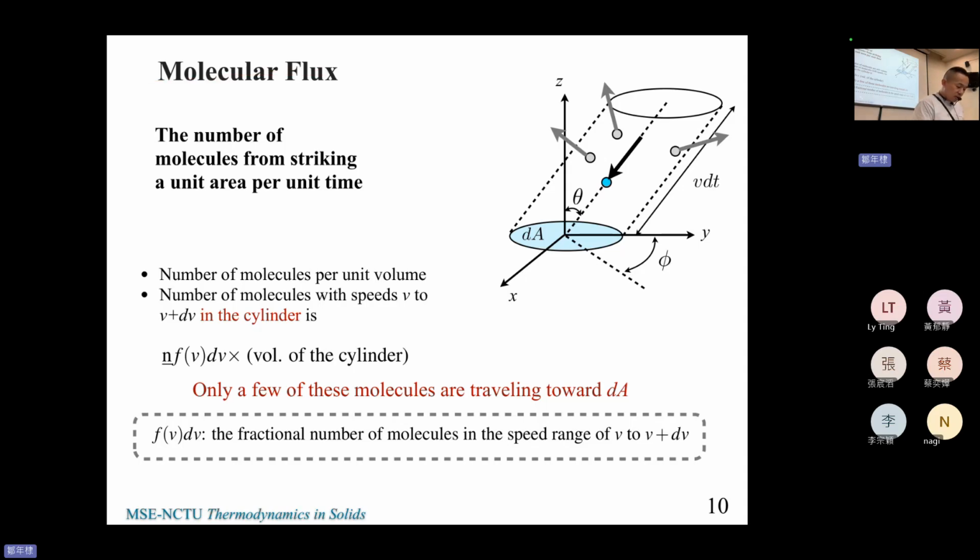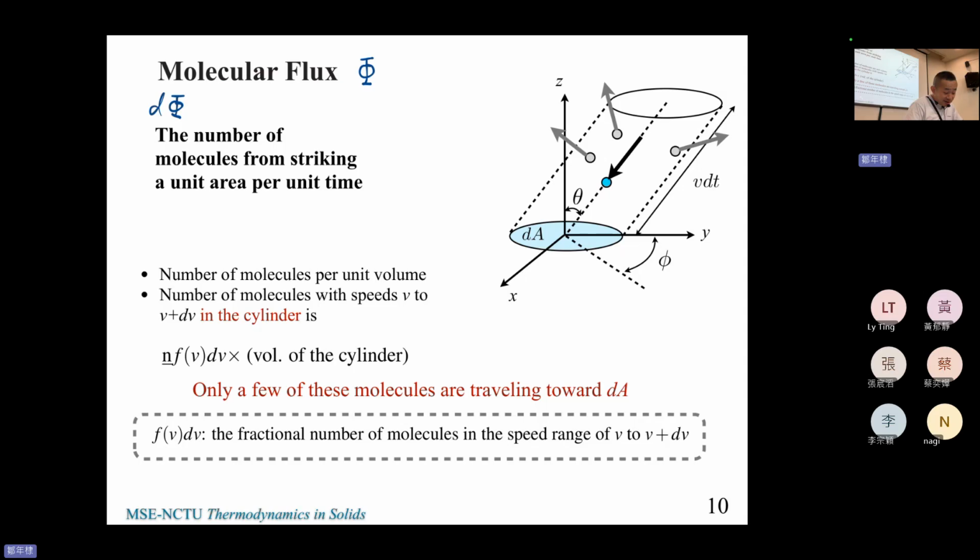What is flux? The definition is how many particles flow through that particular area. Okay, we have a symbol phi here. Phi theta. I don't know what that means. How to pronounce it?